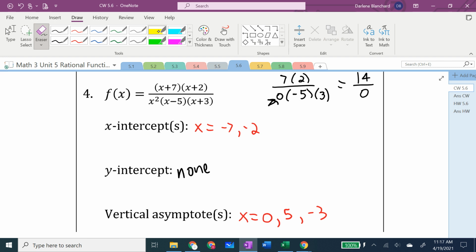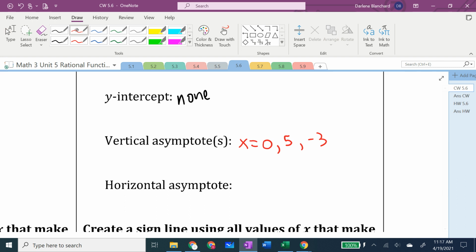Notice that you have 2 linear factors in the numerator. Numerator is degree 2. Denominator has an x squared that counts for 2 degrees, and another degree and another degree. It's a 4th degree polynomial. Second degree is less than 4th degree. You do have a horizontal asymptote of 0.